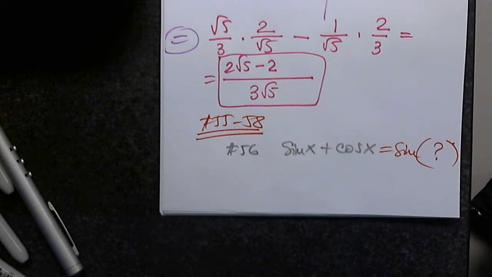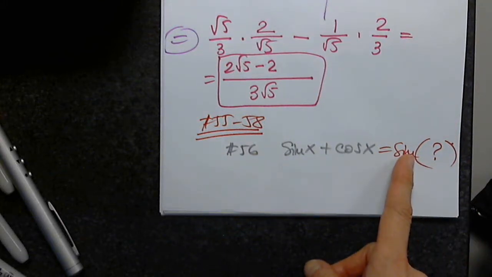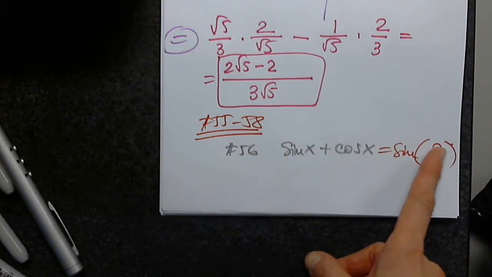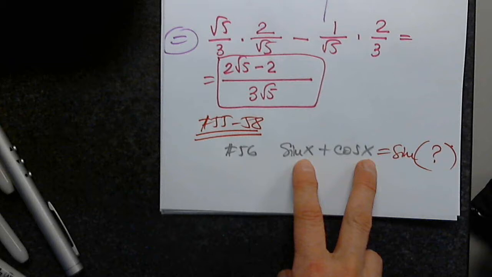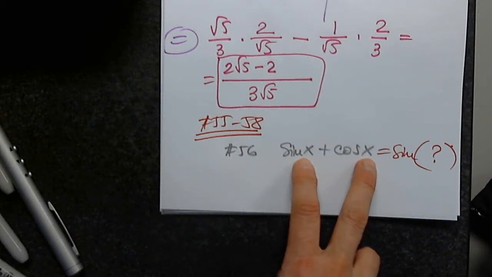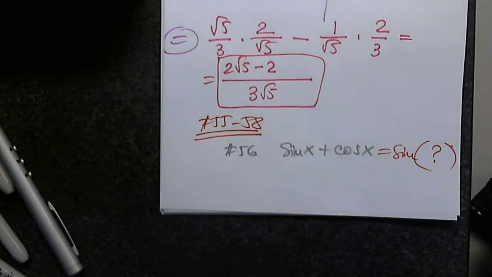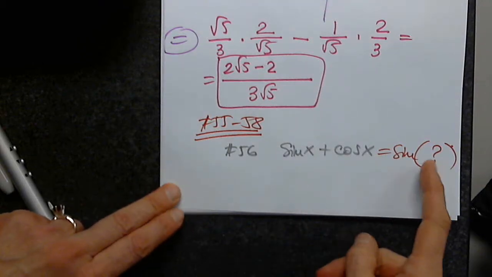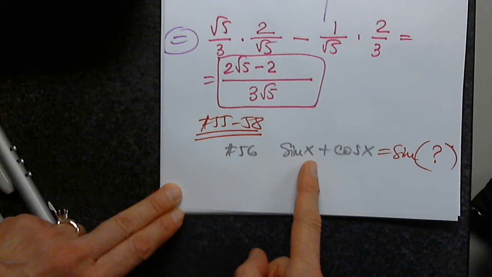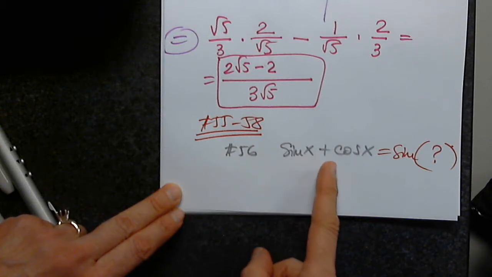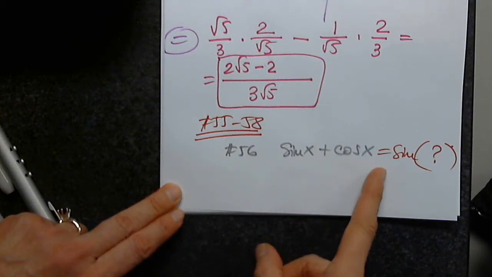So, I only know a formula for sine of something with a plus in it. But I cannot use it just yet. Why? Because if I write x plus y, then I have sine x cosine y plus sine y cosine x.